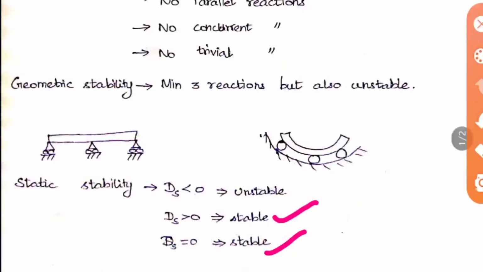But if it is less than 0, we call it an unstable structure. If the support reactions themselves bring the instability to the structure, we call it static instability of the structure, or if it is safe, we call the structure statically stable.